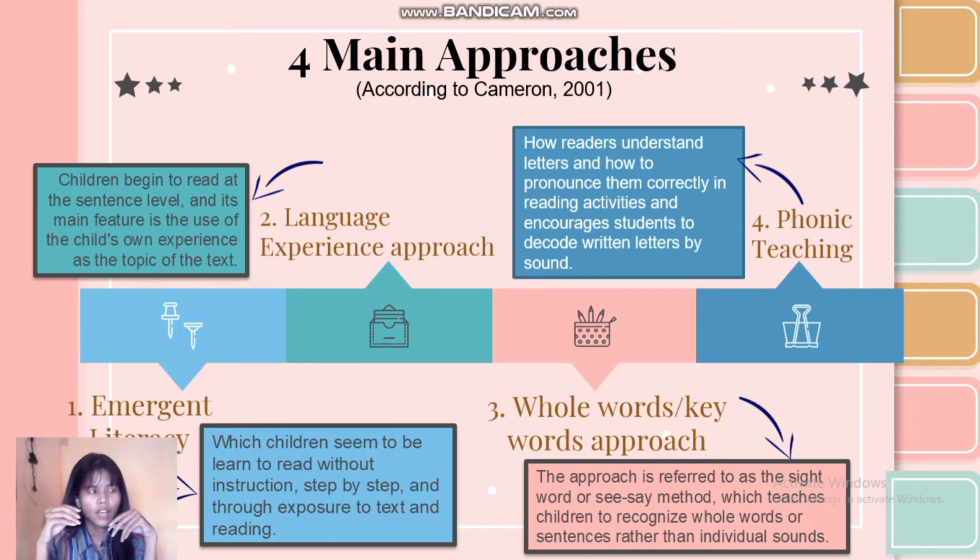To introduce the sounds of various letters, the teacher usually associates the letters with various names of objects that are familiar to young learners, such as letter A, and then the teacher provides the picture of an apple, and then letter B for the picture of a book, and so on.